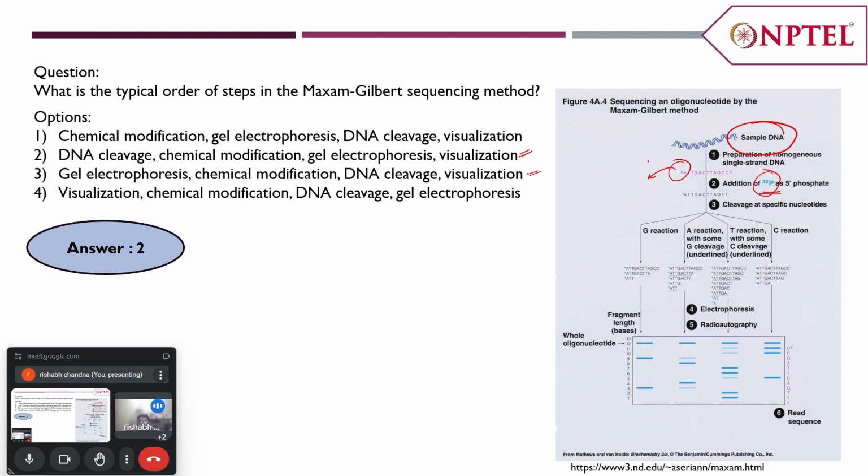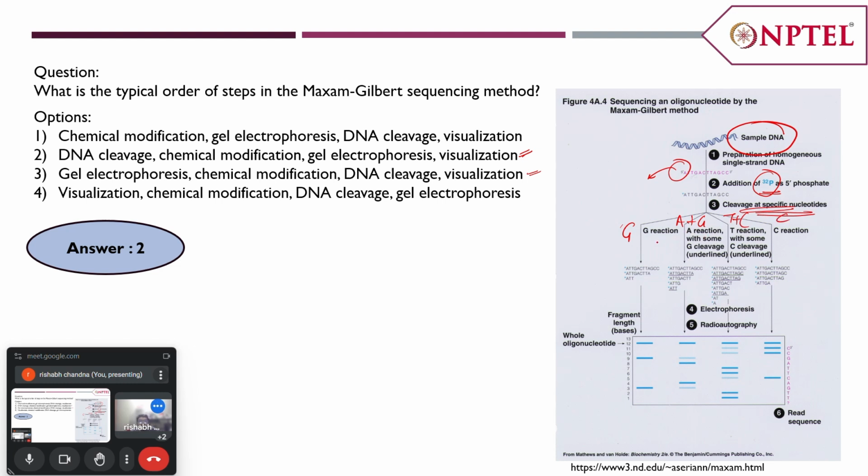This is basically radioactive labeling of the phosphate. Then, sorry, first we chemically modify the nucleotides at specific sites, and then we cleave the DNA, and after cleaving we yield different reactions, that is G, then A plus G, T plus C, and C.